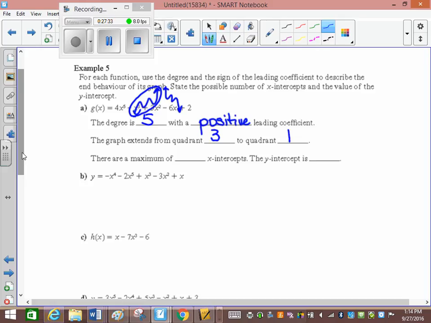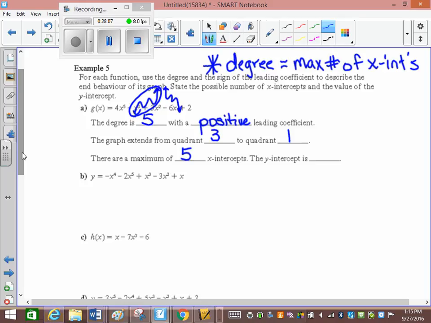What is the maximum number of x-intercepts for this equation? What would it be? 5. So the degree of a function equals the maximum number of x-intercepts. Now you won't always have that many, but that's the maximum you could have.